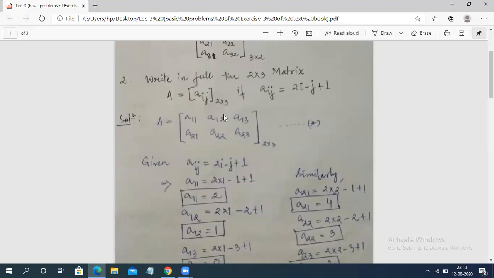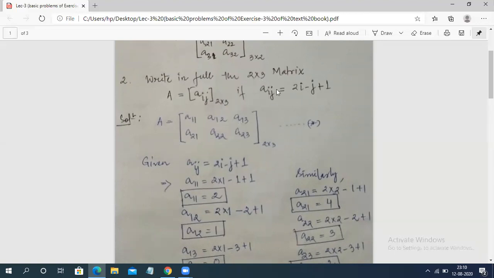So the elements will be like this: A11, A12, A13. This is the first row. A21, A22, A23. This is the second row. 3 columns. So this is the first column, this is the second column, and this is the third column. So this is the general form of a matrix A whose order is 2 by 3.